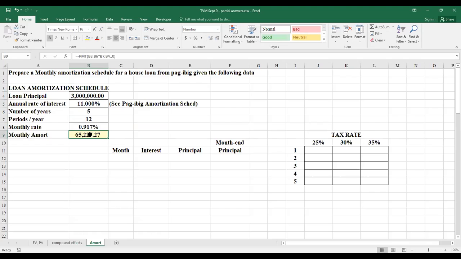It will be the same. So what is this 65,227? That's the monthly amortization. If you loan from Pag-IBIG now at 3 million, assuming 11% interest, and you pay it in 5 years with monthly terms, because Pag-IBIG is really monthly, what you pay every month is 65,227. That's why Pag-IBIG checks your monthly compensation first before they lend you that amount.